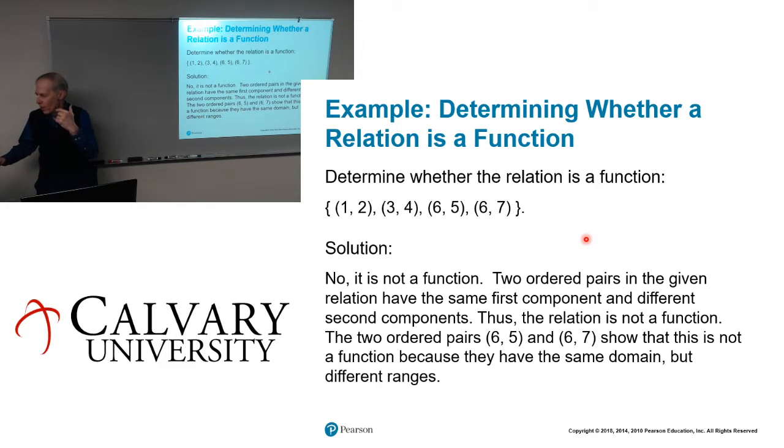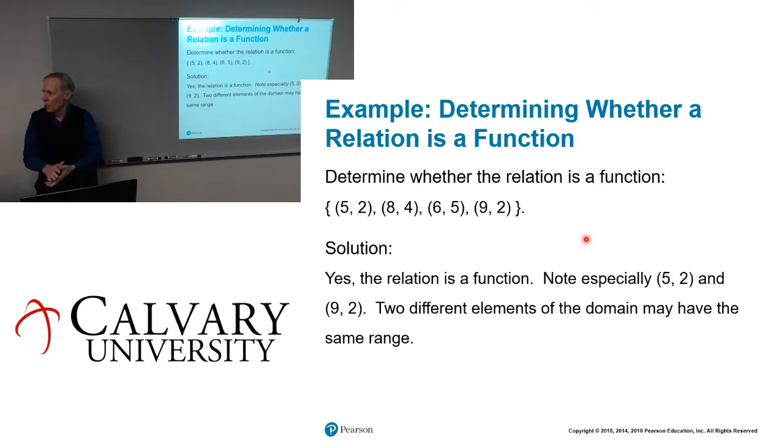Now, what's a little bit confusing, and is why I put this example right here, is notice that each element of the domain is different, the 5, 8, 6, and 9. So if there's always a different element in the domain, then it will be a function. But it is possible to have different elements in the domain, the 5 and 9, correspond with the same value of the range, and that's what makes it a little confusing.